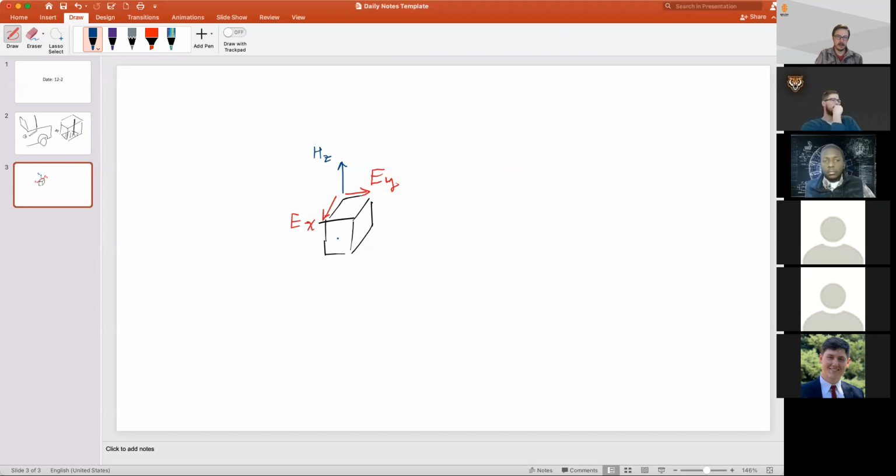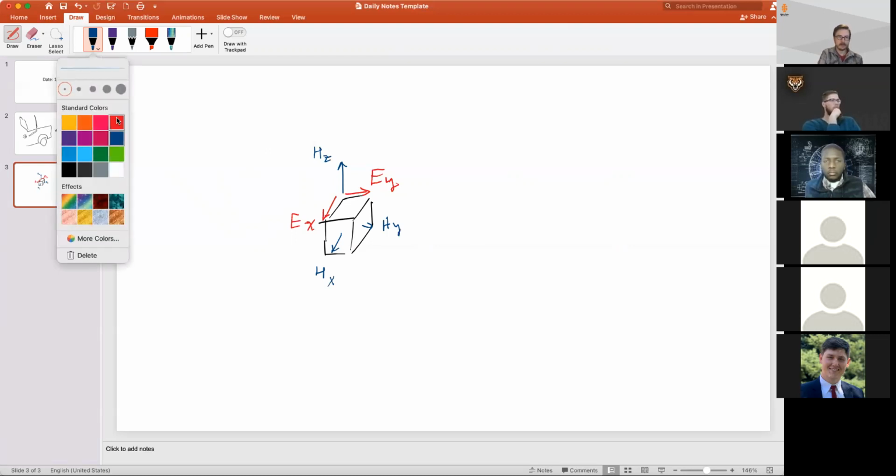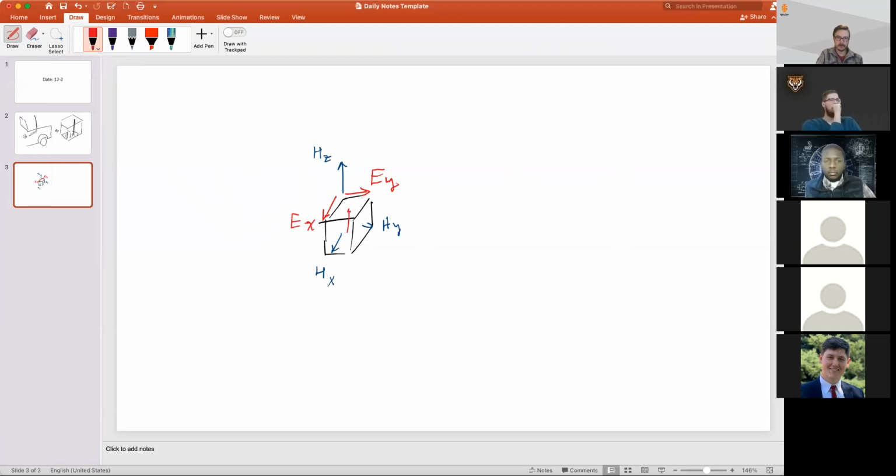And then on this bottom corner that we can't see, we could solve for HY. And EZ.